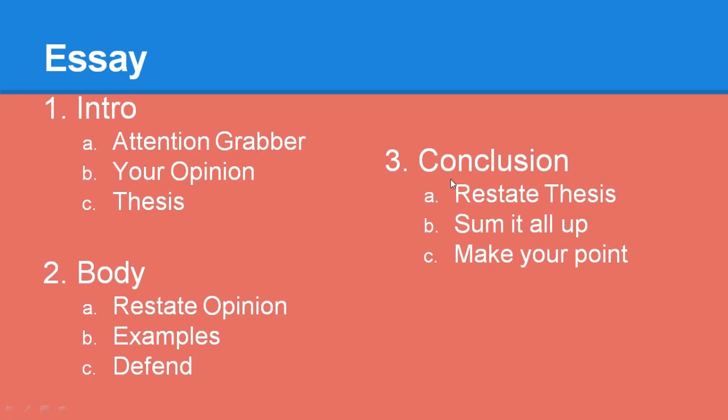And then finally, you have the conclusion paragraph in which you restate your thesis, sum everything up together, make your final point, and basically make sure your reader knows what your opinion is and how you've supported it throughout the essay.